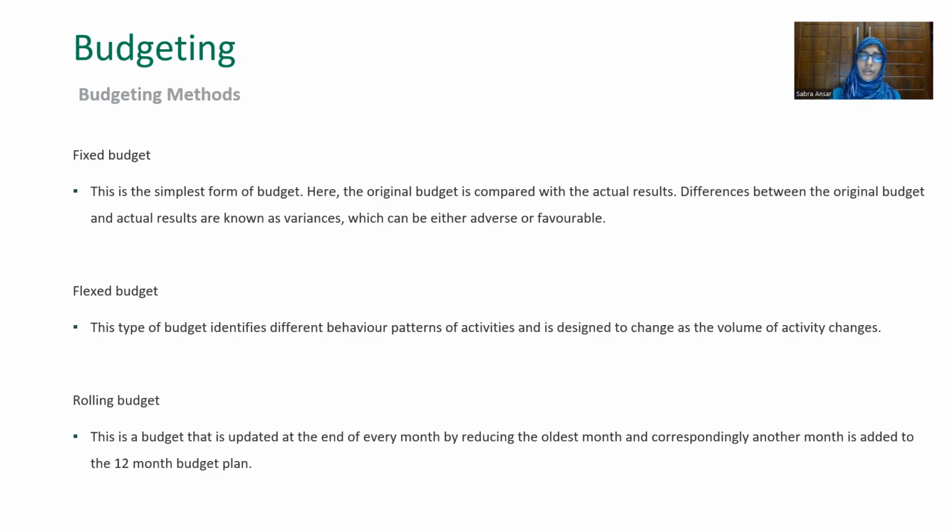However, let's say a new client comes in and the order is 20,000. So how do you make a flex budget for it? There is a cost for the 10,000 dress units, and there will be a flex budget based on the volume of the activity.